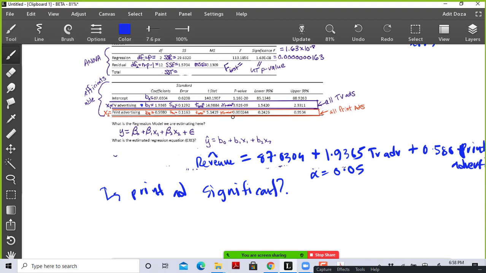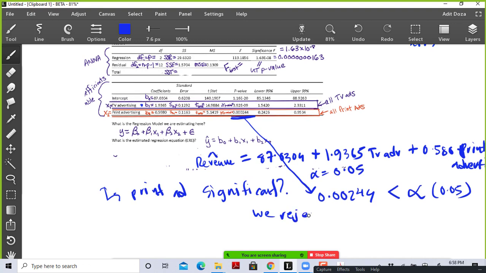I want to say yes. How do you decide it is significant? Yes, the p-value. You are correct, because our p-value is 0.00244. Our p-value is less than alpha, which is 0.05, so we reject H naught.